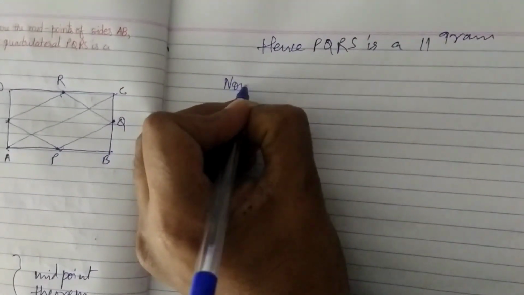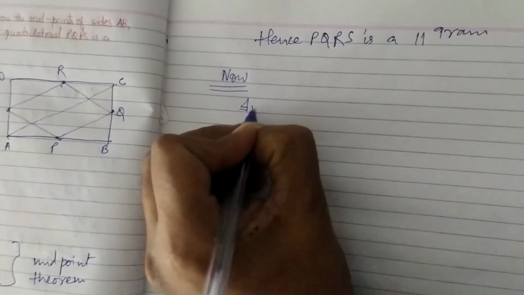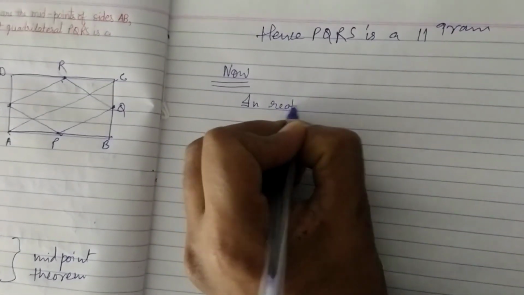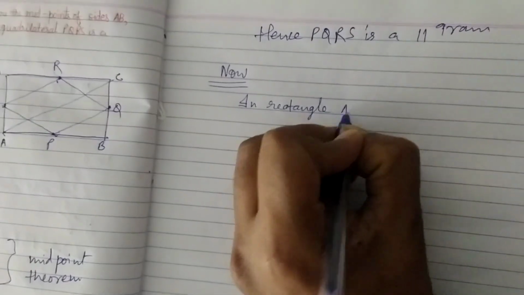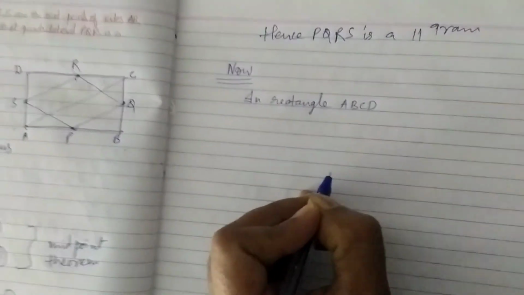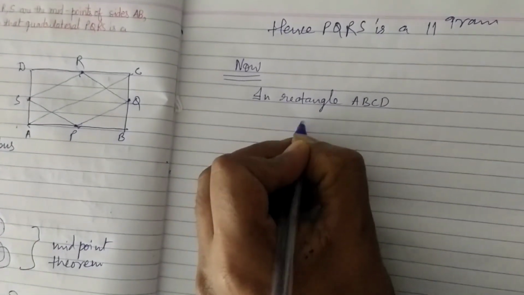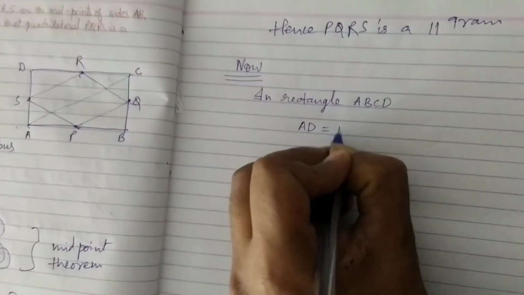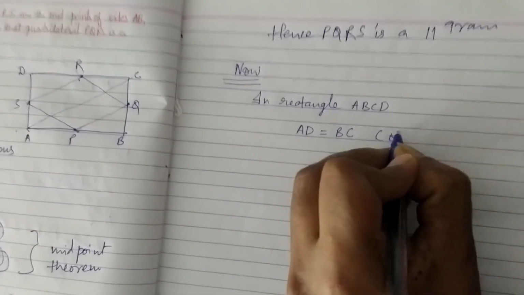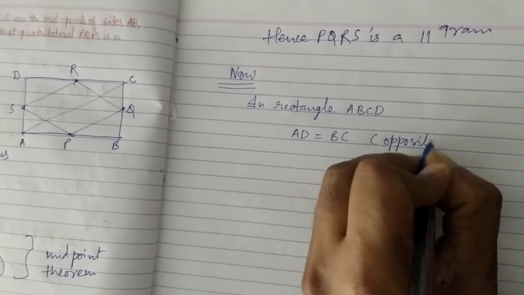Now in rectangle ABCD, AD is equal to BC, opposite sides.